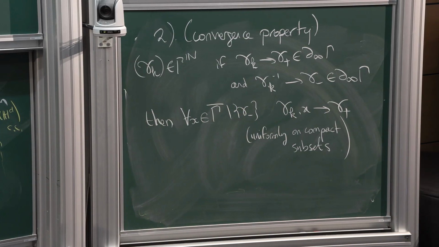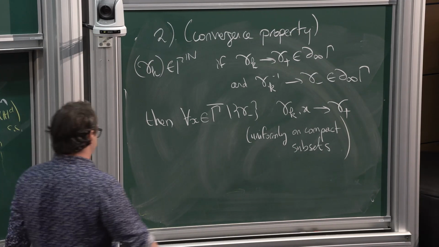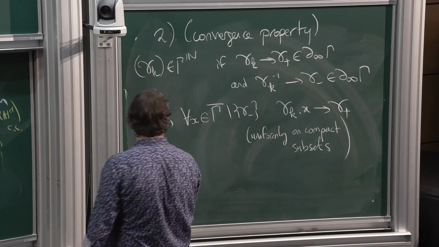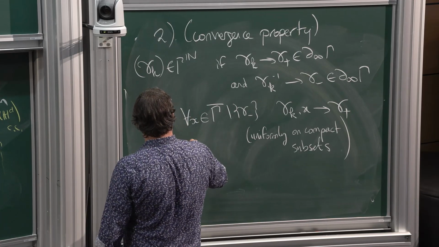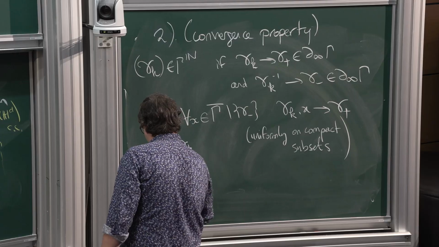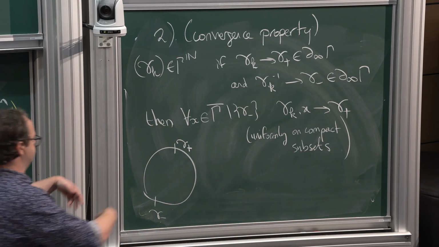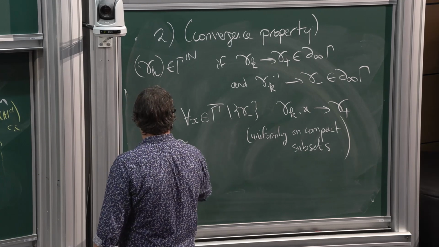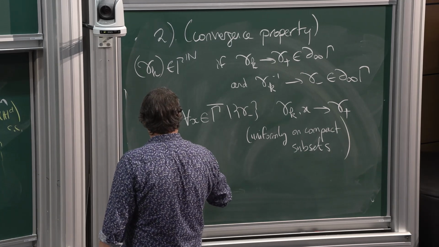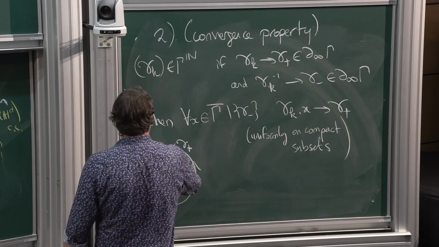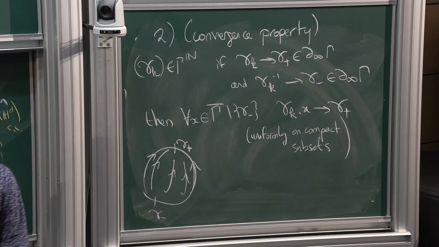All right, it's soon going to be time, so maybe what I'll say to conclude is that this convergence property has this simple picture: if you have your sequence having these limits gamma plus and gamma minus, everyone is going to be sent by the sequence gamma k, whether it's in gamma or on the boundary, to gamma plus.